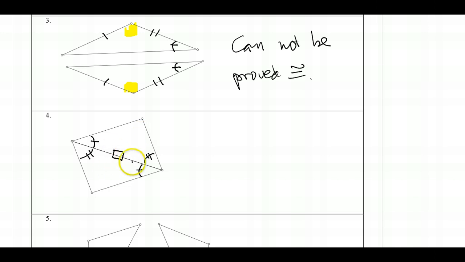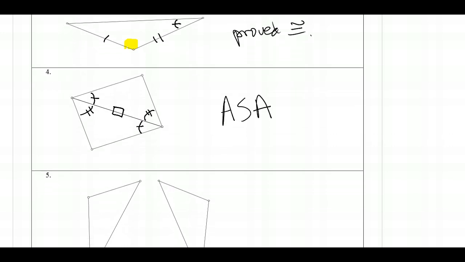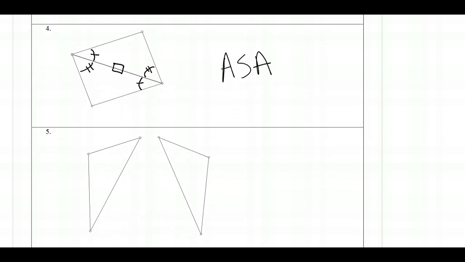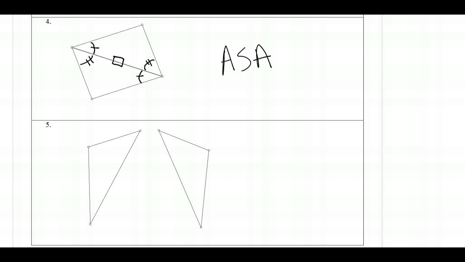Therefore, this is my tick mark that I like to use for reflexive sides and reflexive angles. Use whatever you like. We can see we have angle, side, angle, and this reflexive side is actually included. So these 2 triangles can be proved congruent by angle, side, angle. Alright, remember, pause the video so you can sketch in your triangles.